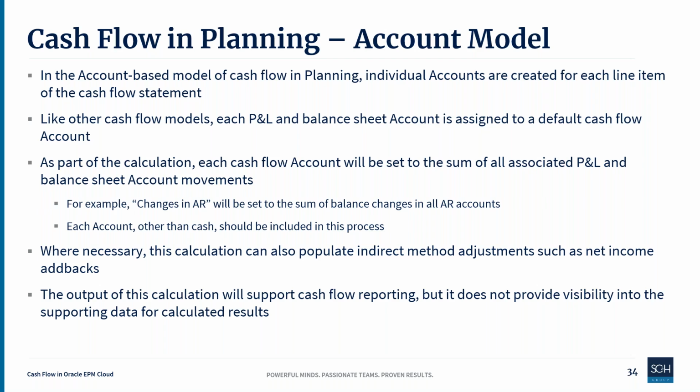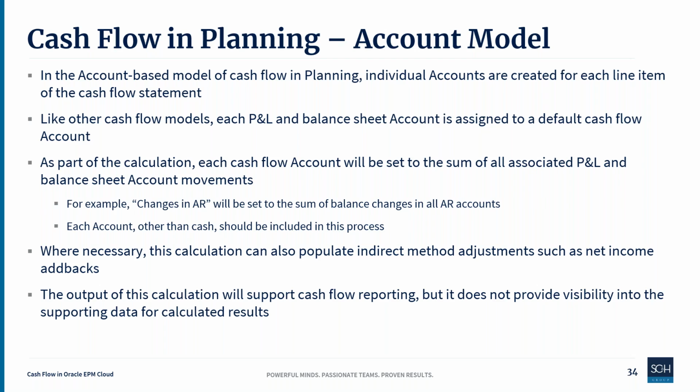And like we said, every account needs to be included the same way as it would in any other process. Additionally, you can calculate your add backs the same way that you would in FCC, same way you basically have your account show up in an odd number of places within that hierarchy. And that calculation will support cash flow reporting, but you won't be able to drill back into the P&L and balance sheet to get where that data came from.